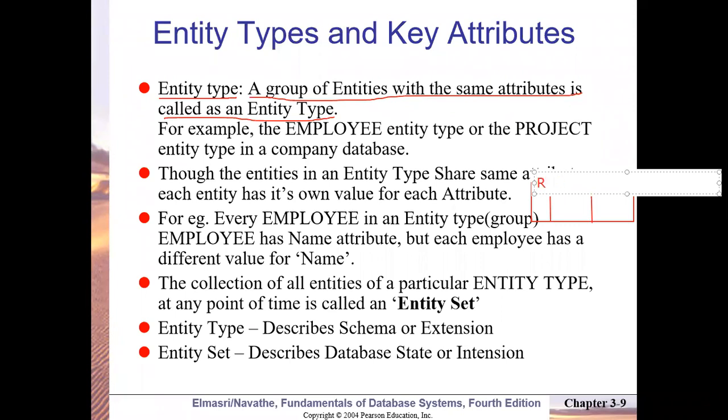I'll just write here RN, and here it is name, and then here it is city. I'll just write CNT. Fine. So these are the three attributes. Now which is the entity type? This is the 4B entity type, or you can consider the student entity type. So the entity type is student, and the attributes are roll number, name, and city.